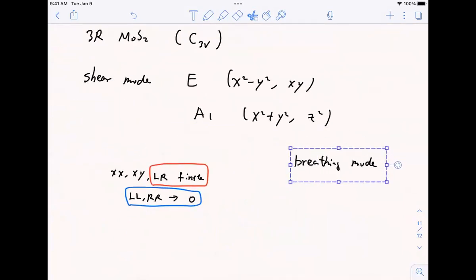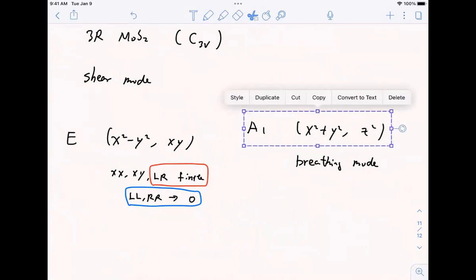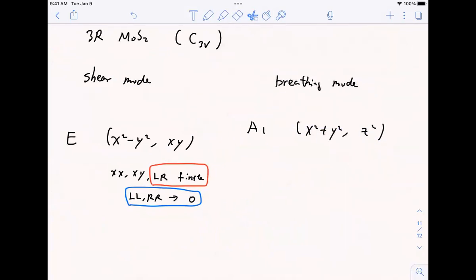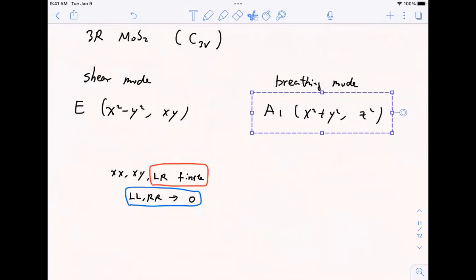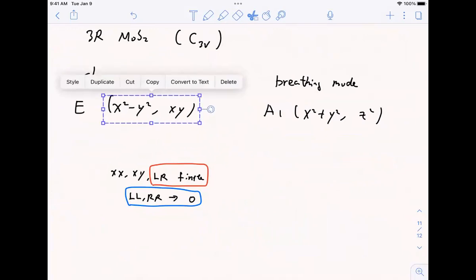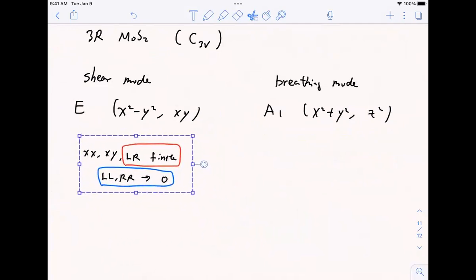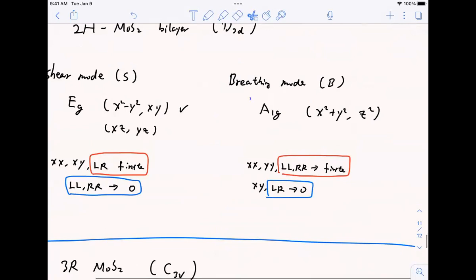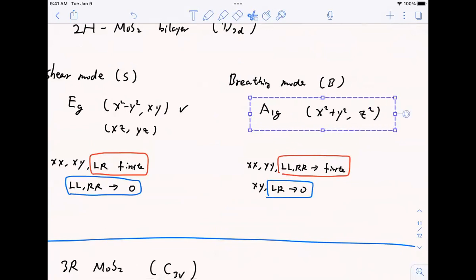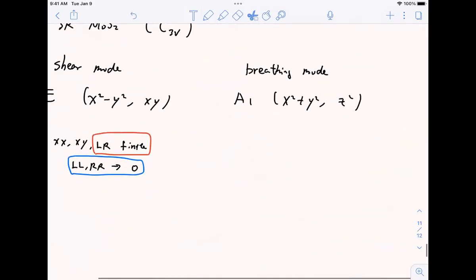Maybe I just write this way. This is the breathing mode. Okay, so this is the selection rule, and this is the breathing mode. The same. Then you just copy this selection rule.